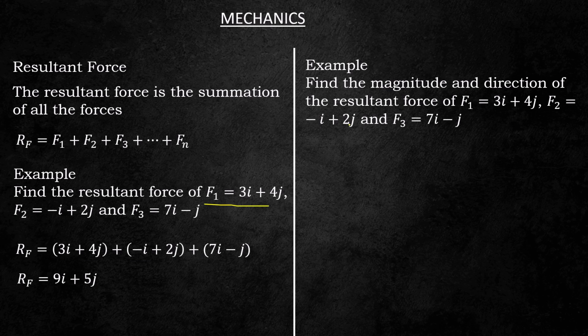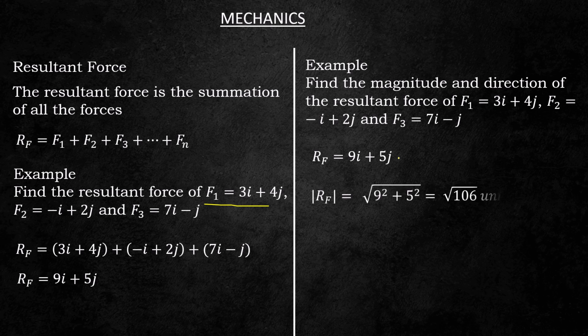But this time around, they're asking us to find the magnitude and the direction of this resultant force. So first, we will just find the resultant force, and just as we were doing for vectors, we will find the magnitude of the vector, then we'll find the direction of the vector, and that is all. First, we've already done the resultant force to get 9i plus 5j.